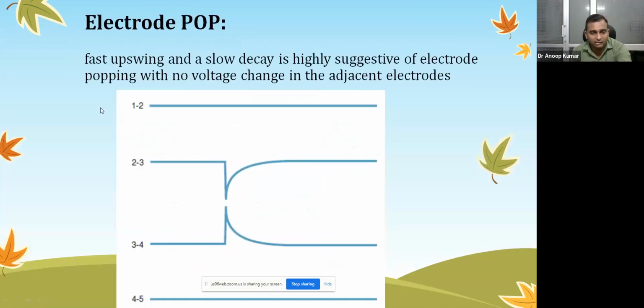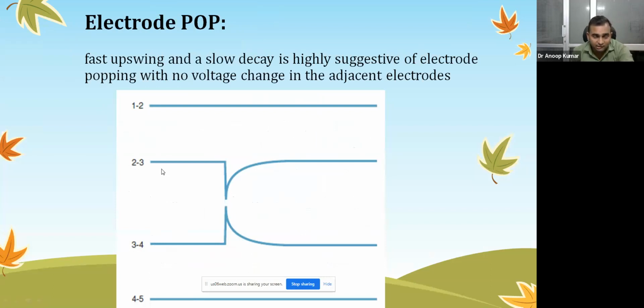Another electrode artifact is electrode pop. This is the longitudinal electrode arrangement, that is 1-2, 2-3, 3-4 and 4-5. When we get a fast upswing and slow decay, it is highly suggestive of electrode popping with no voltage change in adjacent electrodes.